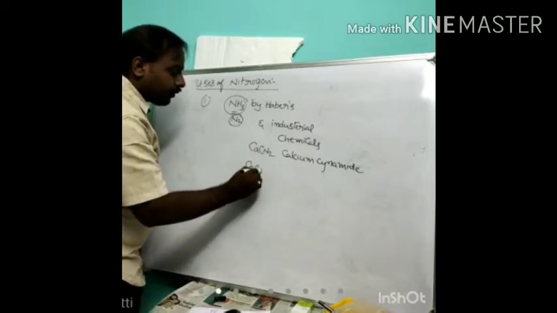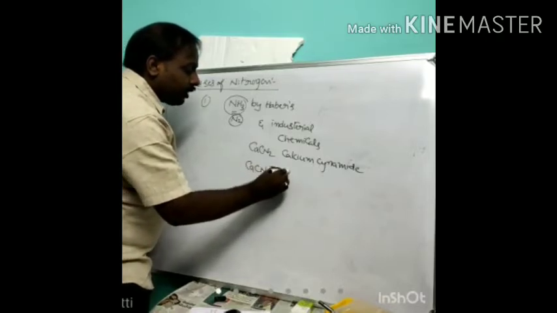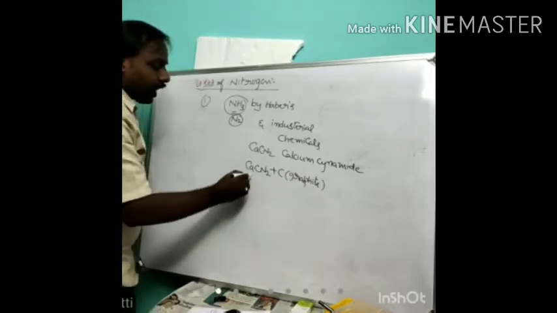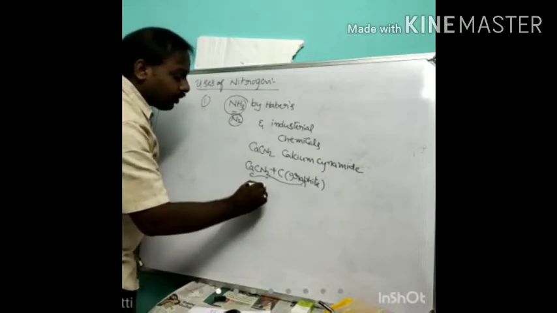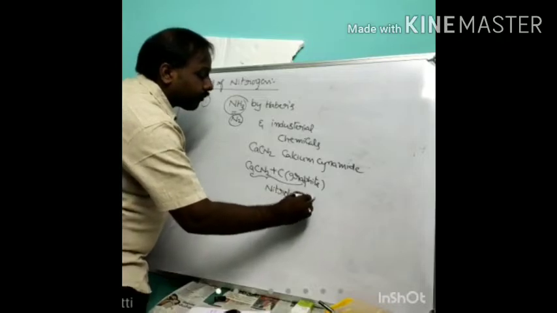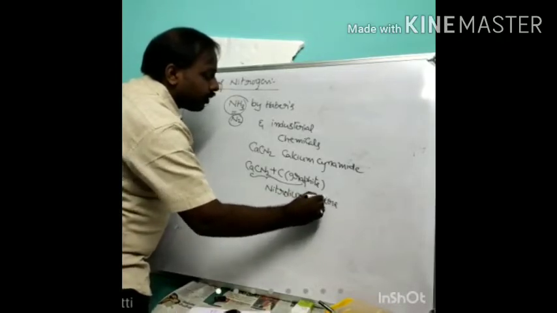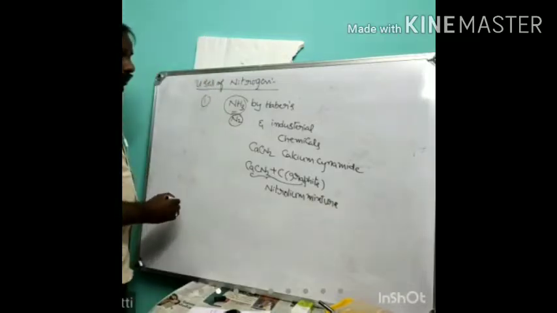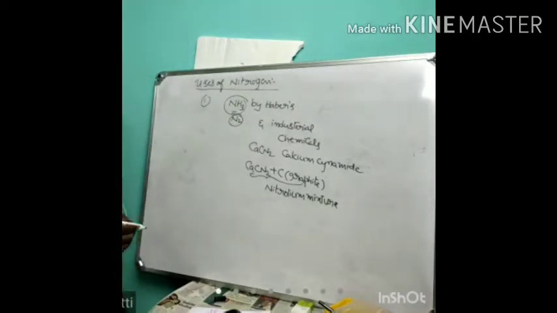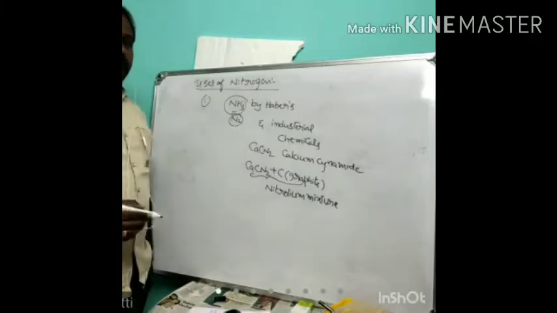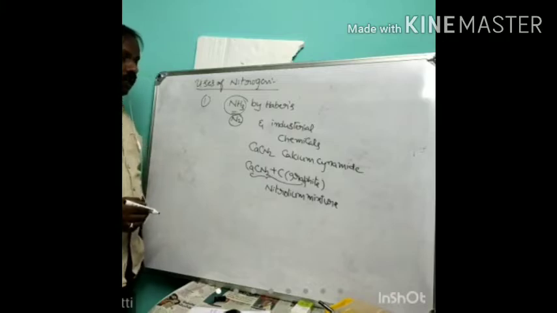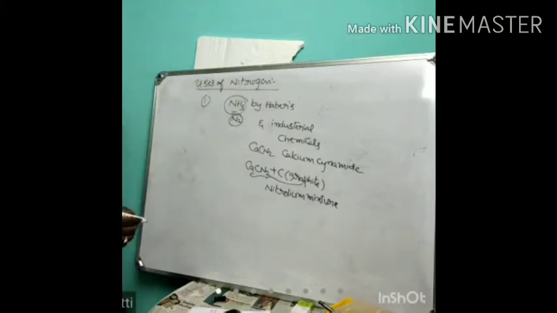A mixture of calcium cyanamide and C, where C is graphite, is called nitrolim mixture. This nitrolim mixture is used as a fertilizer.